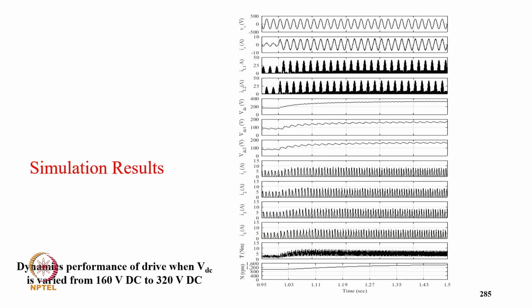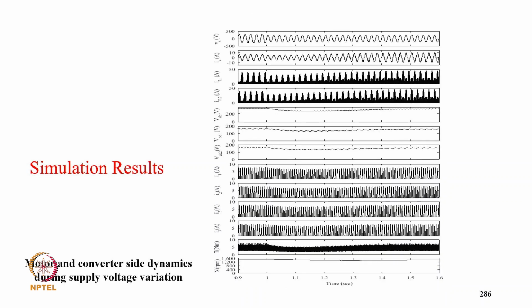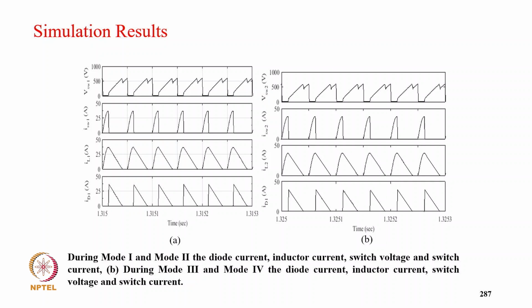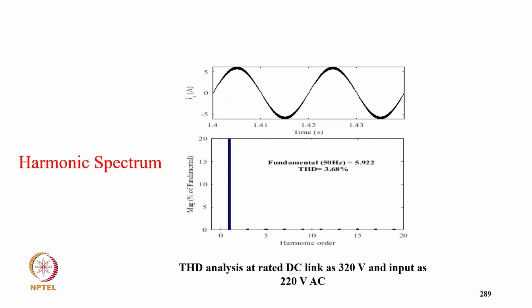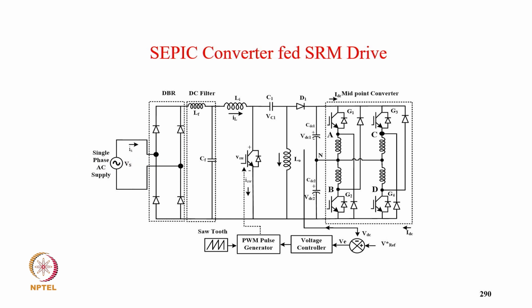And this is for the case of dynamic DC-link voltage change from 160 to 300. Then the supply voltage variation, and typically the switch voltage, switch current waveform, and switching stress, and THD of supply current typically at 3.68% at full load.